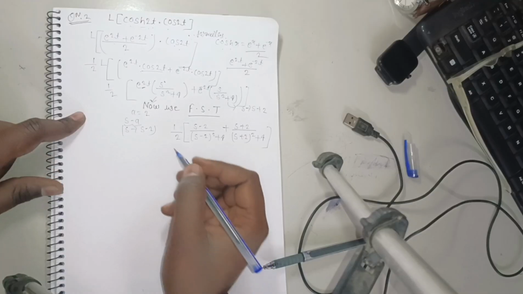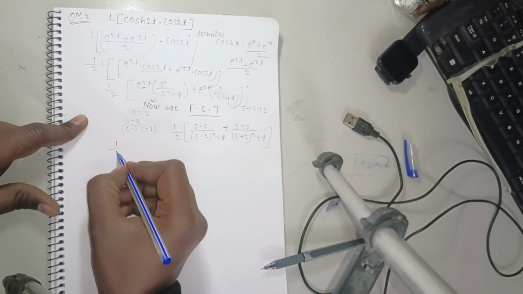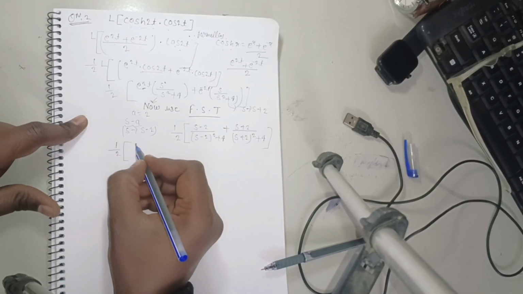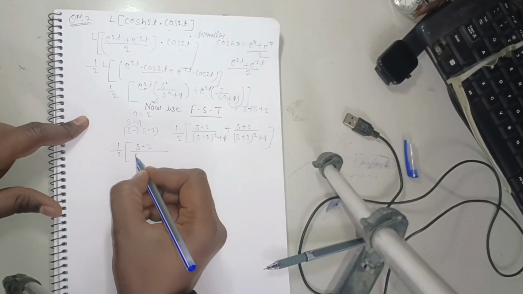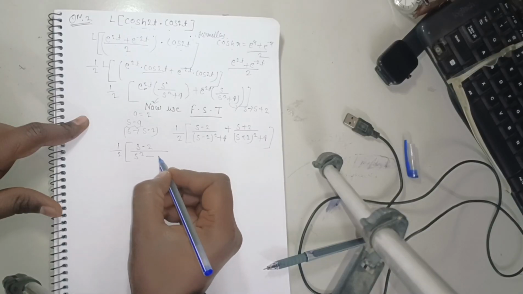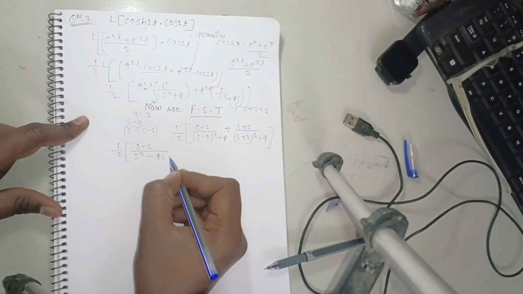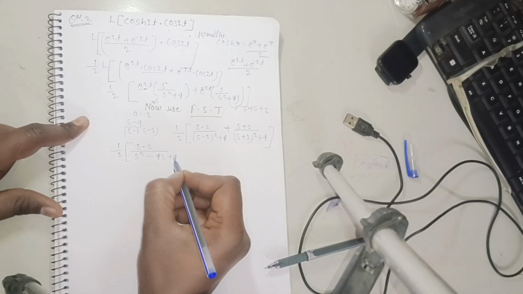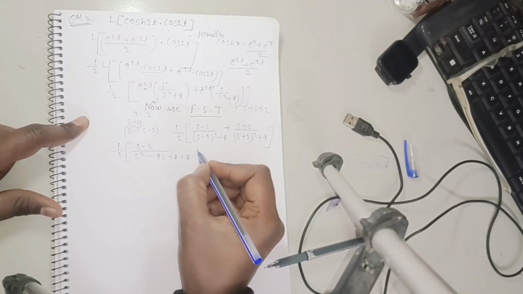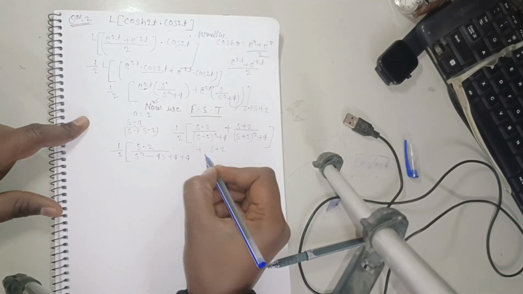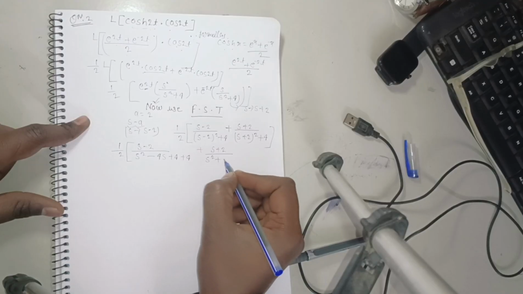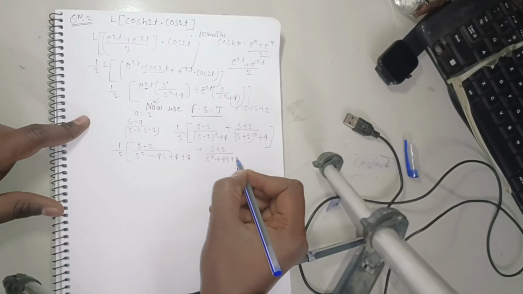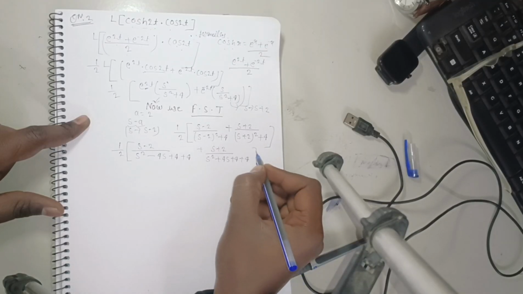Okay, so I can write 1 upon 2 s minus 2 upon s square minus 4s plus 4 plus 4 plus s plus 2 upon s square plus 4s plus 4 plus 4.